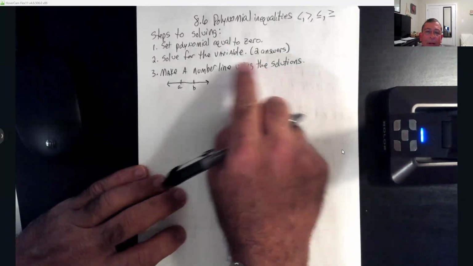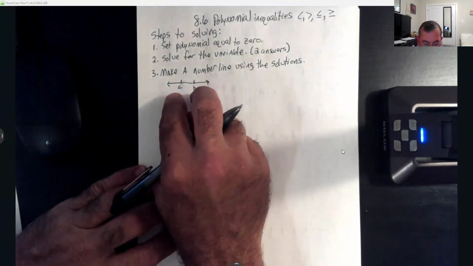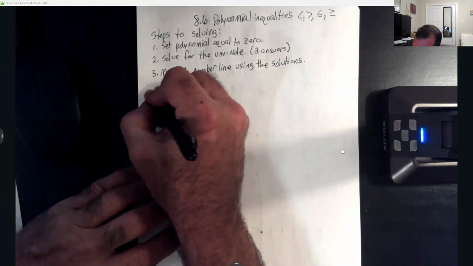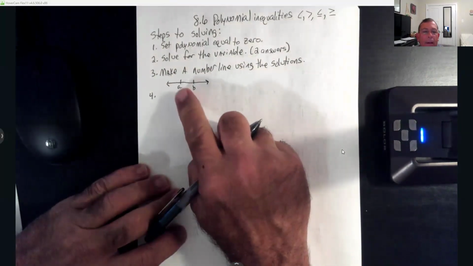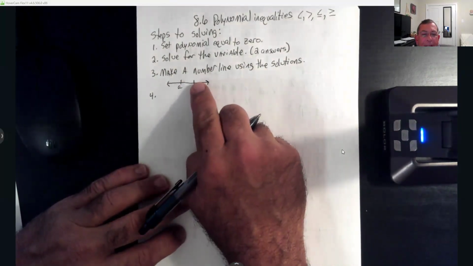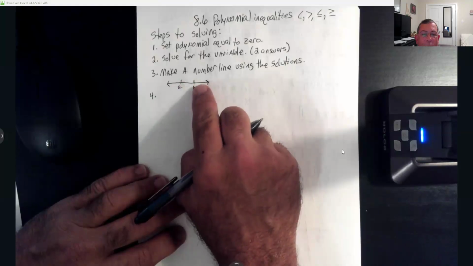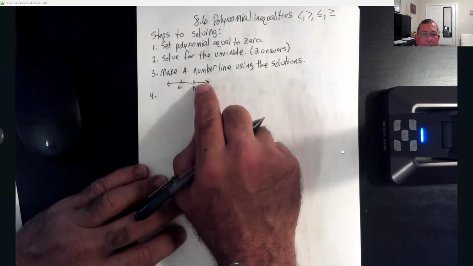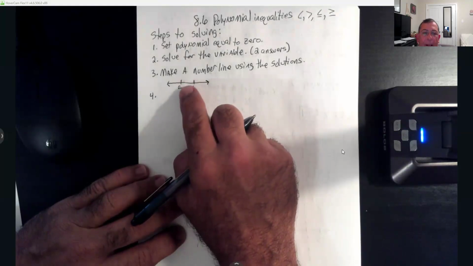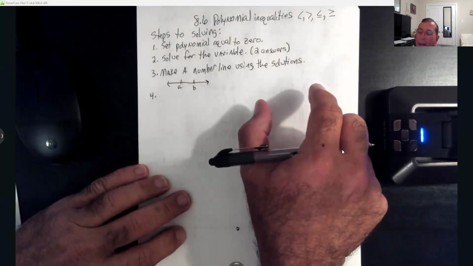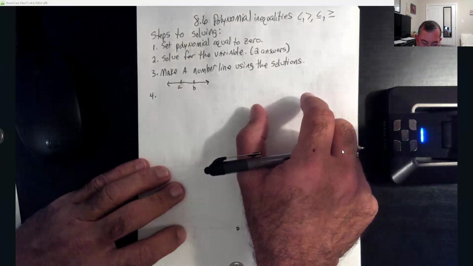So I'm going to make a number line using my 2 answers. Now, we have to test these sections to find whether it's true or false in these sections, okay? Before we can make our interval notation.